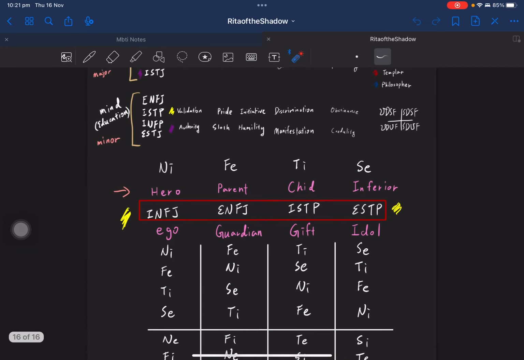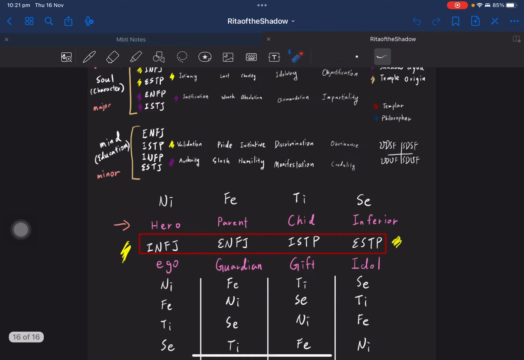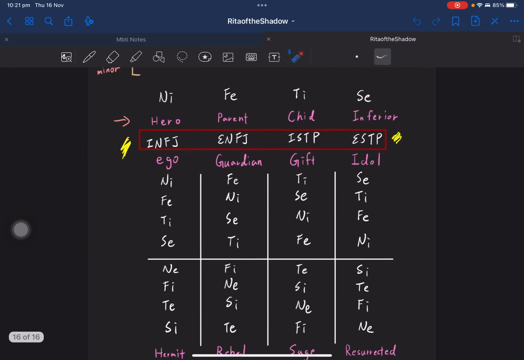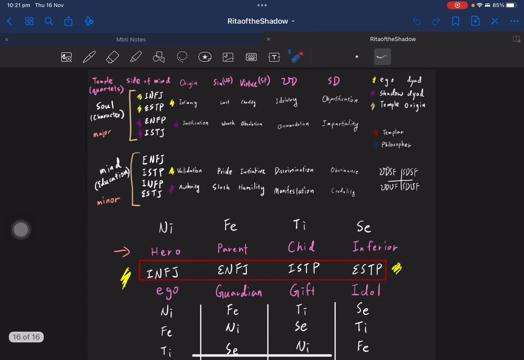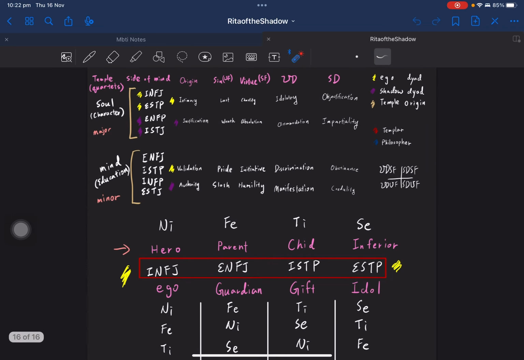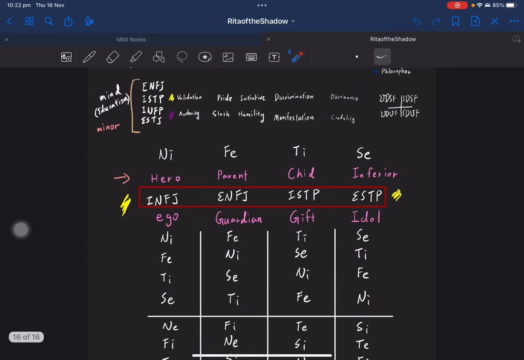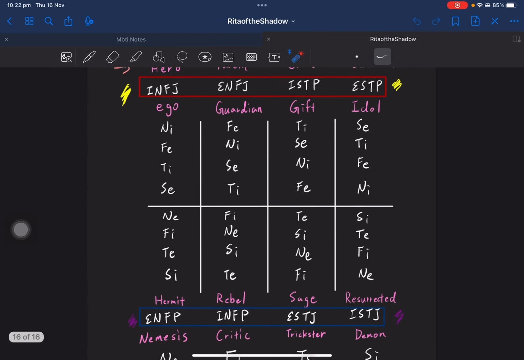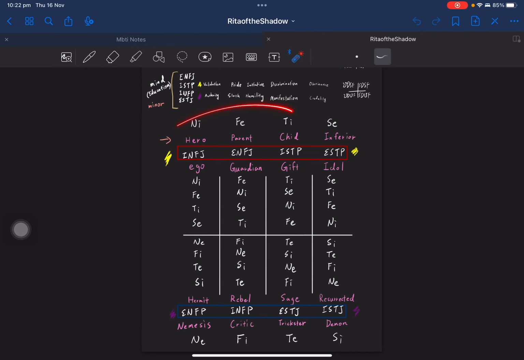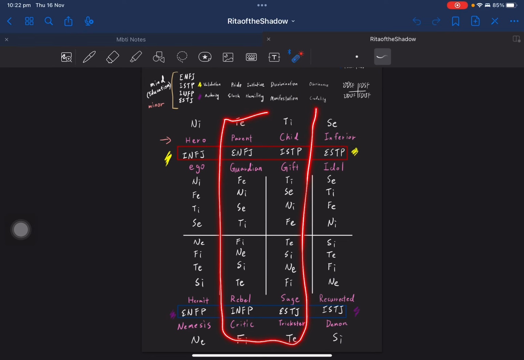I'm still working on deciphering what this exactly means, but just to show you, I think it's quite interesting. This doesn't remove anything from the four sides of mind. It just includes the middle part, right? So that means whatever applied to the four sides of mind, this also applies.